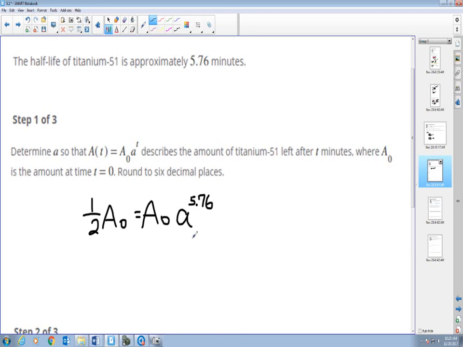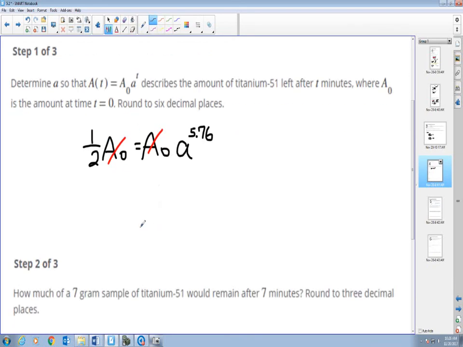Alright, let's find my base A. Let's see what my growth rate is. The way I've been showing you how to do the computation, divide both sides by the initial amount, whether it was that 403 bacteria or other problems. The first step is to divide both sides by the initial amount, so that will cancel out. So that means the half is equal to my base to the 5.76 power. Remember, this time is representing half of the initial amount.